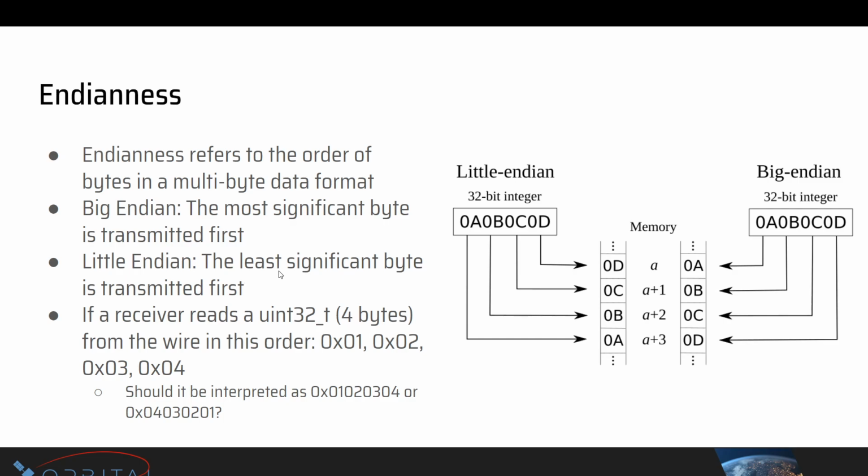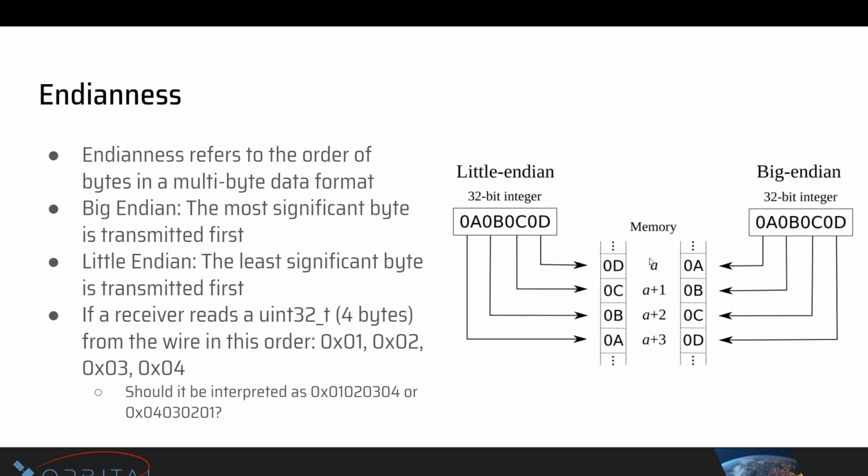When we're talking about communication protocols, you can see here in memory with little endian, you have the least significant byte at the lower address. 0A is the most significant byte, and 0D is the least significant byte, and 0D goes into memory address A, while 0A would go into memory address A plus 3. And with big endian, it's just the opposite. So 0A goes into the lower memory address, and 0D goes into the higher.